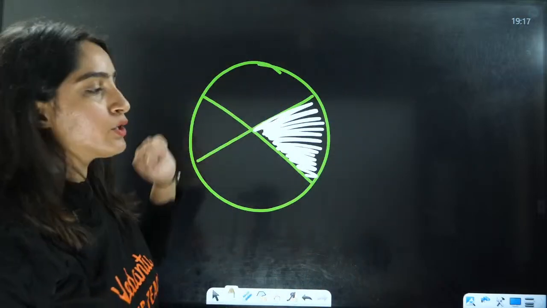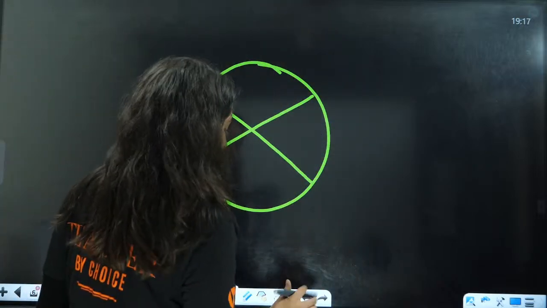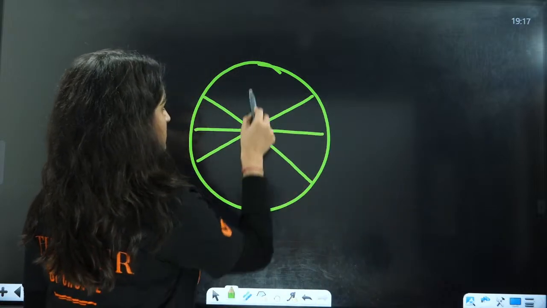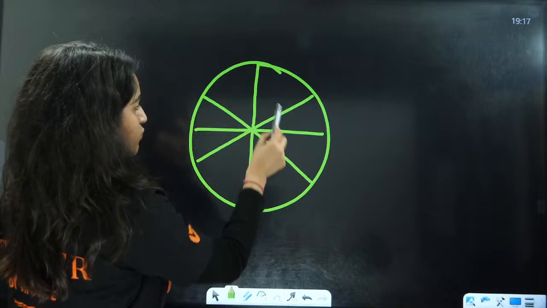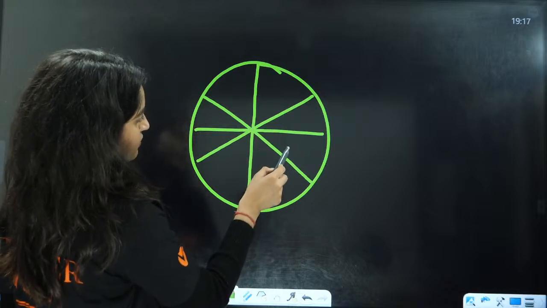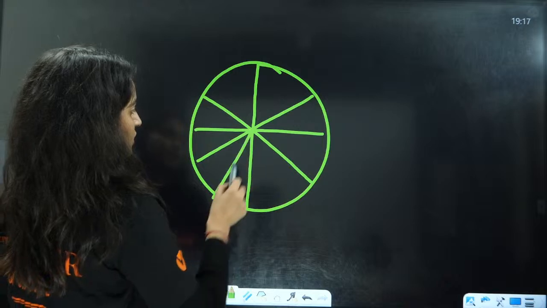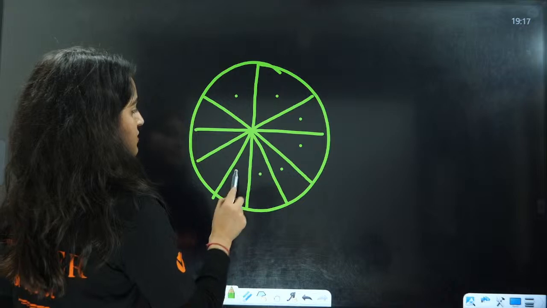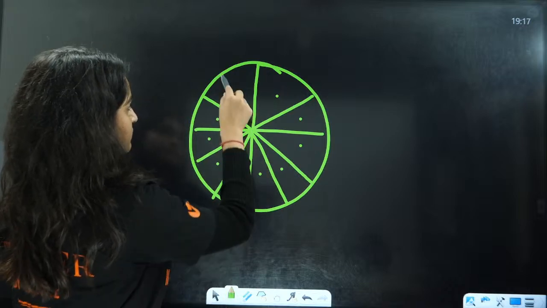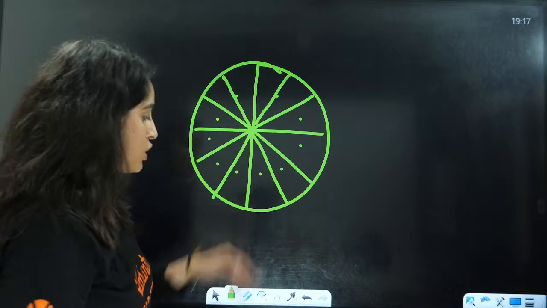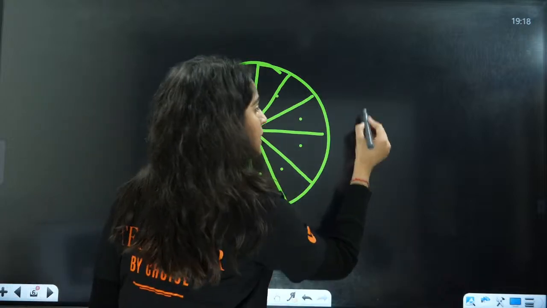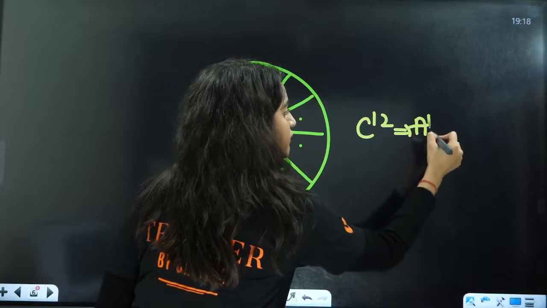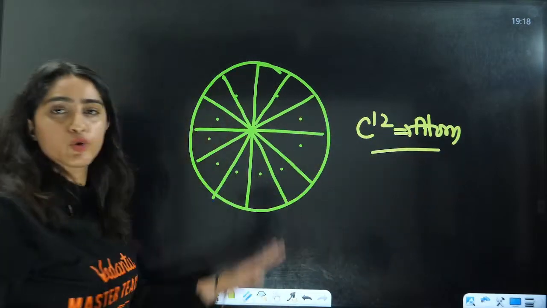We have one carbon 12, and I'm dividing it in 12. 1, 2, 3, 4, 5, 6, 7, 8, 9, 10, 11, 12. Okay, so this is a carbon 12 atom, and I have divided it in 12 parts.